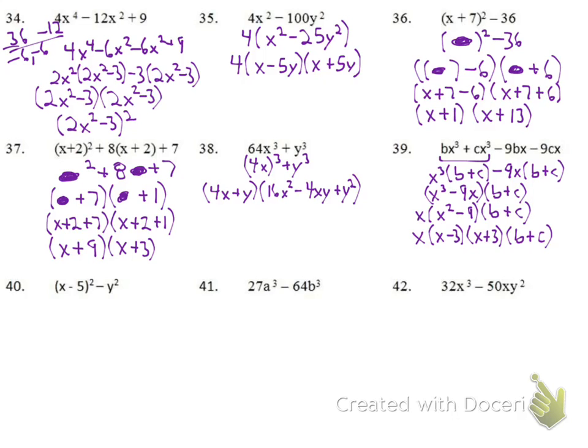Number 40, same like 37, same like 36. Just think of that x minus 5 as a term. It's really a difference of two squares in the big picture. So it's, think of a blob minus y, blob plus y. Now we put the x minus 5 back in.